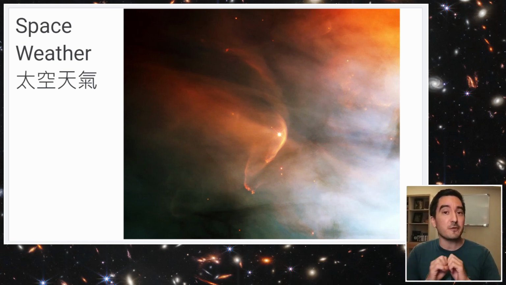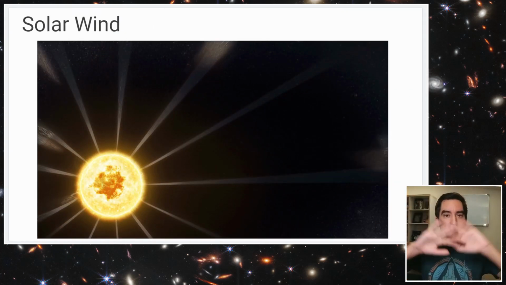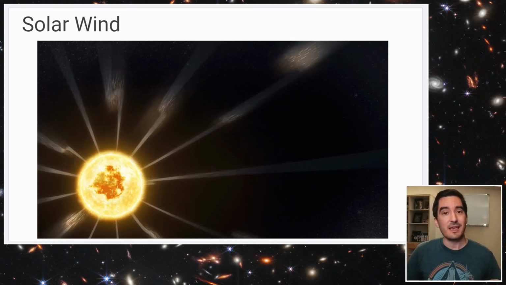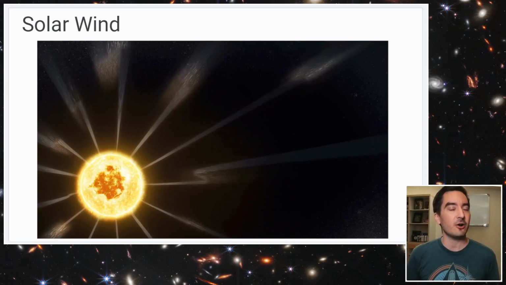So the energy from a star actually pushes things and can push this dust into these beautiful pictures and beautiful shapes, okay? So solar wind is what's coming out of a star, and it's energy and also little bits of stuff, all kinds of stuff.